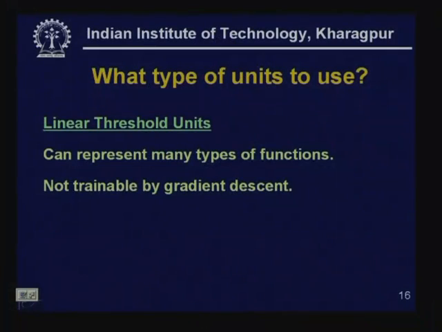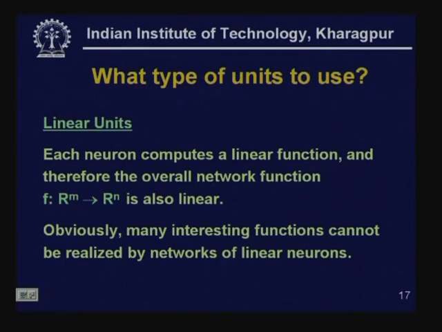Now, in the last class we discussed linear thresholding units and said that they can represent many types of functions, but they are not trainable by gradient descent. We looked at linear units, which are differentiable. Unfortunately, when we want to go for multi-layered neural networks, if we take several linear units together, we do not add to representational power.